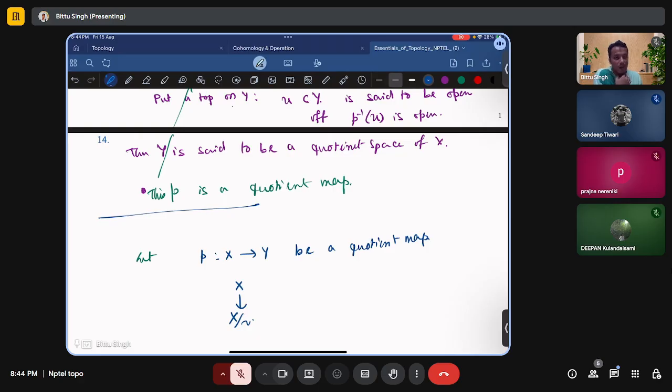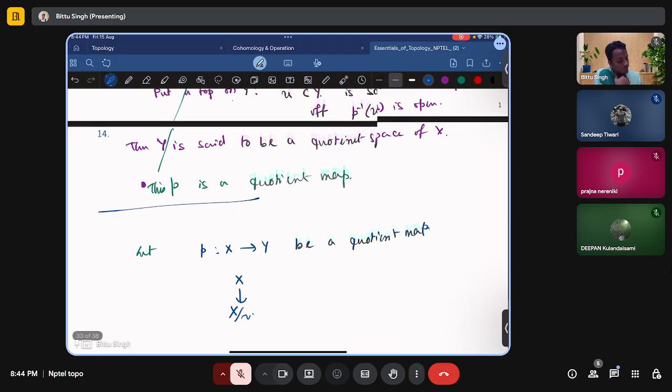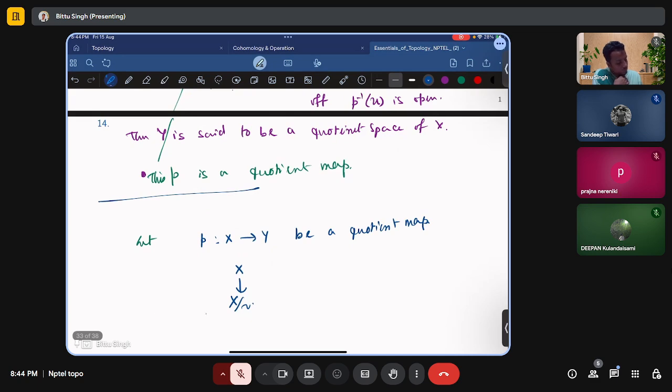So what is the relation? How do you provide the relation? So we define X related to X dash, where X and X dash are elements of X. So X is related to X dash if and only if P of X is the same as P of X dash.